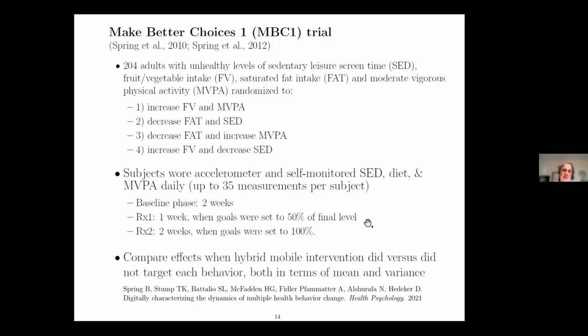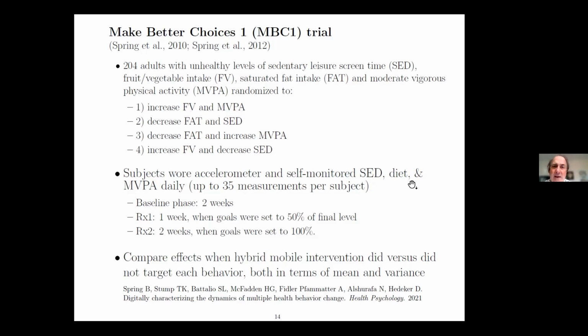Now, in this study, we got quite a few measurements per subject via accelerometer for the physical activity and the sedentary behavior outcomes. And then they also recorded diet, which gave us diet outcomes that I'm going to be looking at as well.